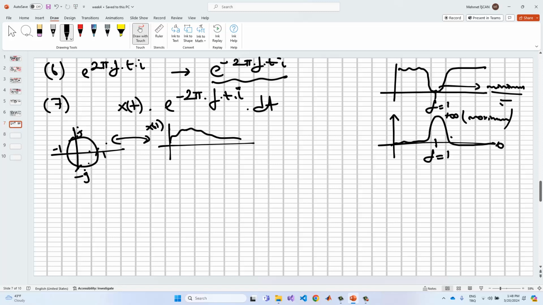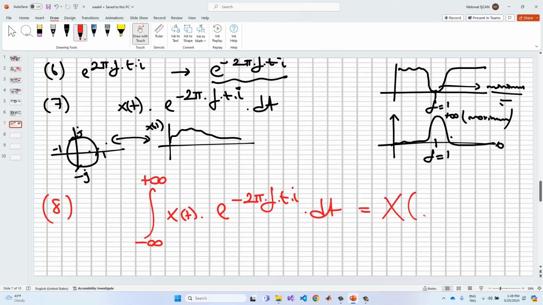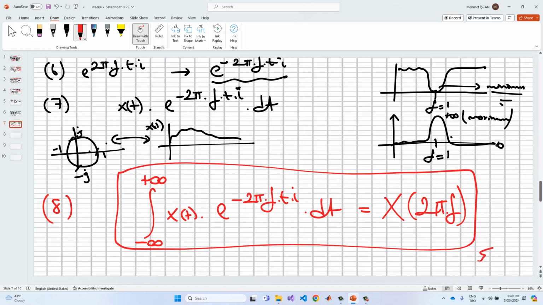And then if this is the case, we can conclude that we have an integral in here, minus infinity to plus infinity x(t) e^(-2 pi f t i) dt gives us the X(2 pi f), which is the definition of the what? What is this? Fourier transform, right?